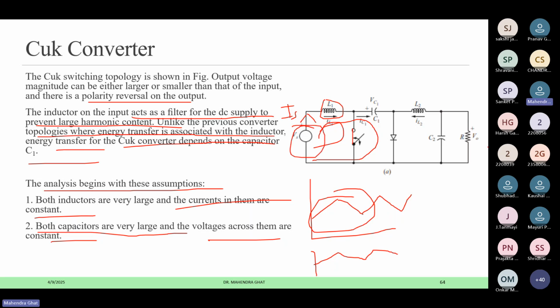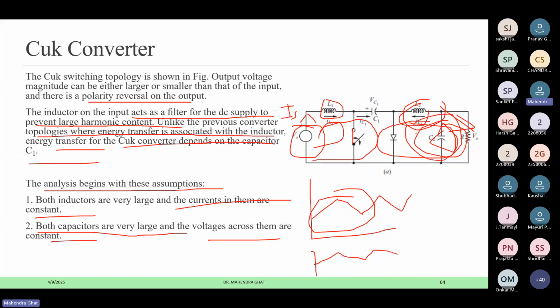Similarly for the load, you can see when the switch is closed, the inductor current is flowing in this direction. And when the switch is open, again the inductor current is flowing in this direction. So the inductor is trying to filter the output current, not only the capacitor. The capacitor requirement will get reduced as the inductor is filtering the current here.